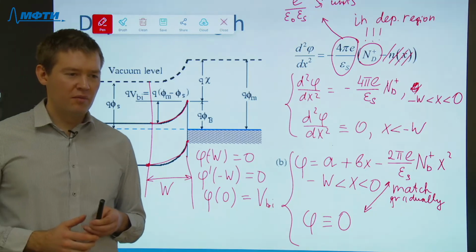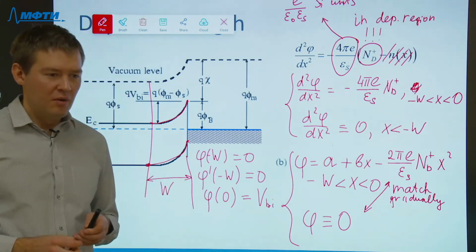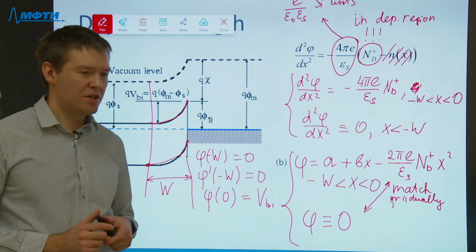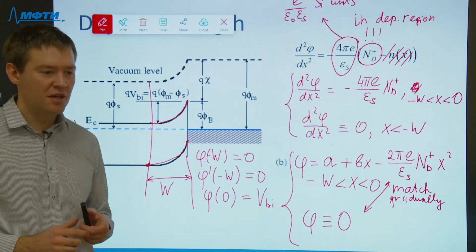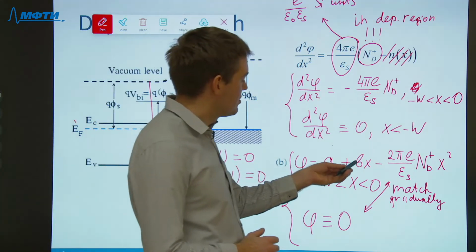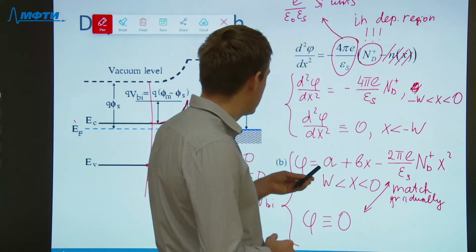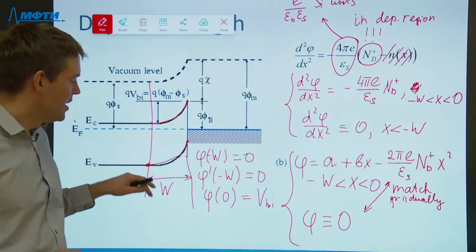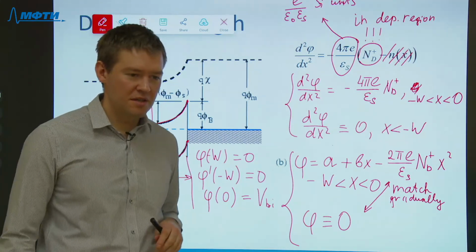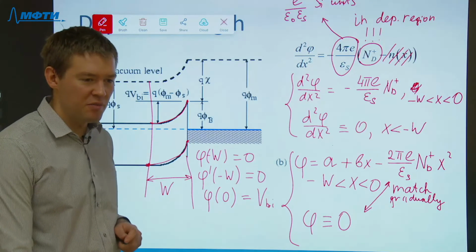Well, I reformulate the problem once more. When we try to solve the electrostatics of the Schottky junction in the full depletion approximation, we face the situation that we have 2 integration constants to find the electric potential in the depleted zone, and we require 3 boundary conditions. Can they be satisfied simultaneously?